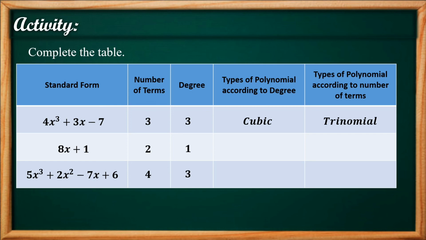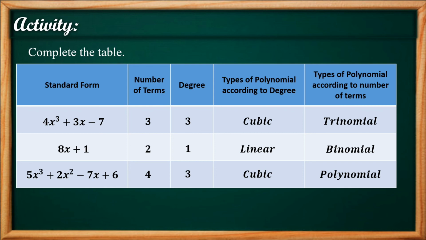Then it is trinomial. Next, the degree is 1. Then it is linear. Then the number of terms is 2. Then it is binomial. Then the degree is 3. It is cubic. And the number of terms is 4. It is polynomial.